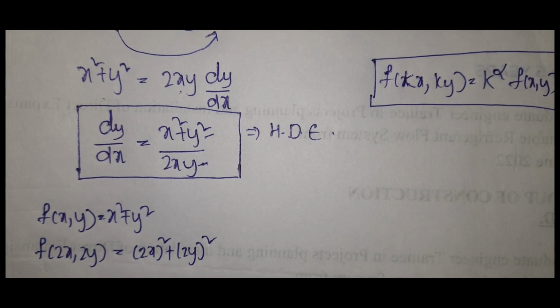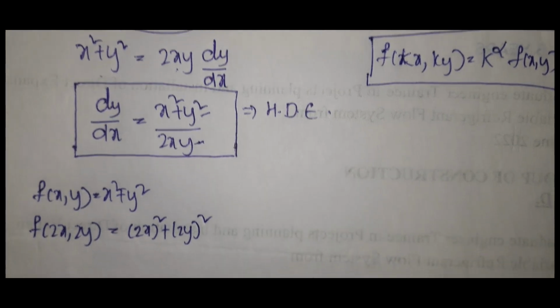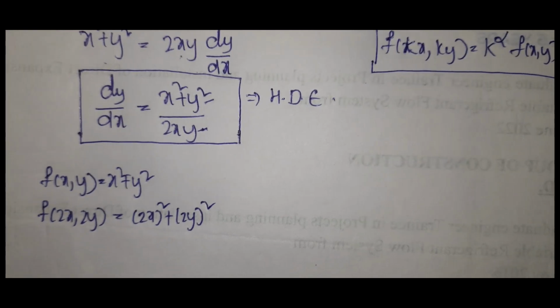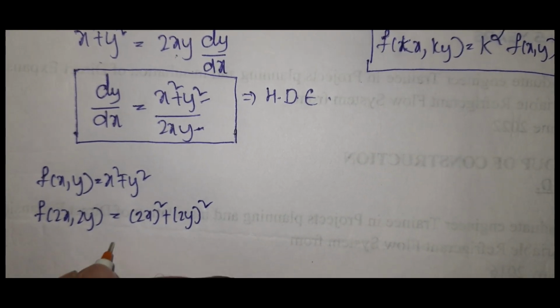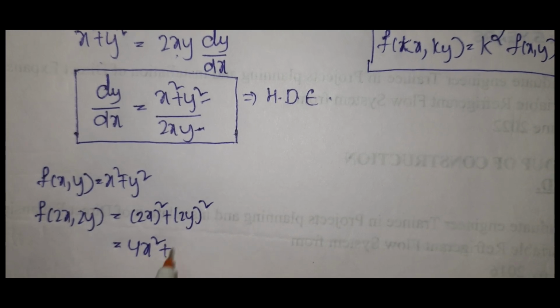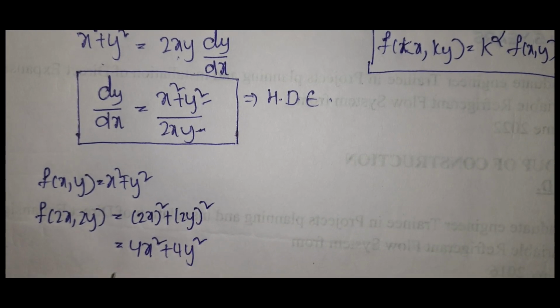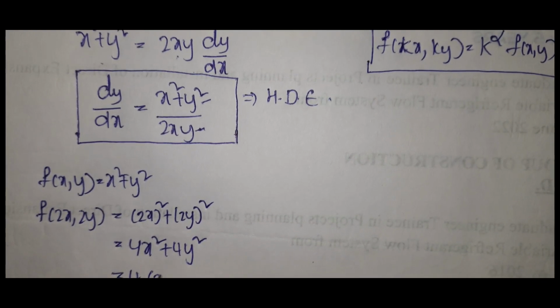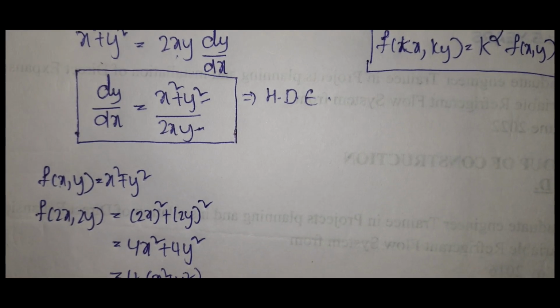Wherever you find x, replace it with 2x. Wherever you find y, replace it with 2y. Now moving further, in simple terms, this is 4x square and this is 4y square. 4 is common: x square plus y square.